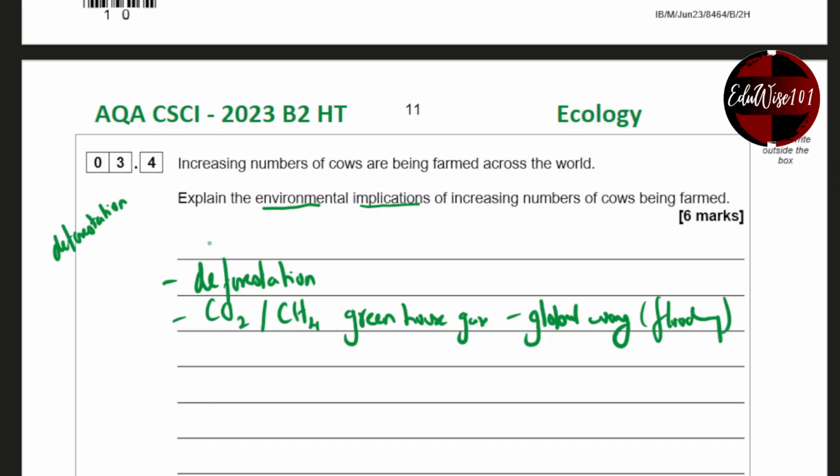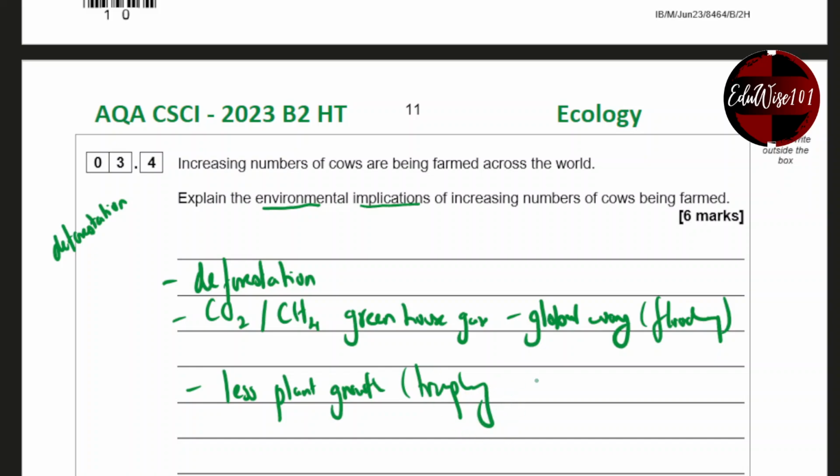What else? Increased number of cows are being farmed across the world. Explain the environmental implications of increased number of cows being farmed. So less plant growth, because of cows trampling. Sorry, my handwriting is not that great here.